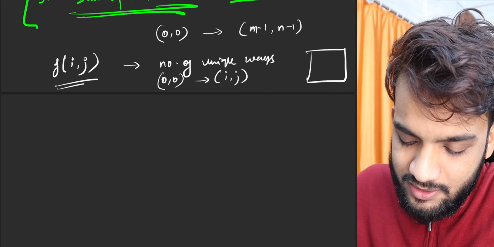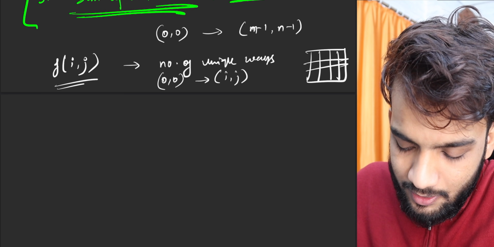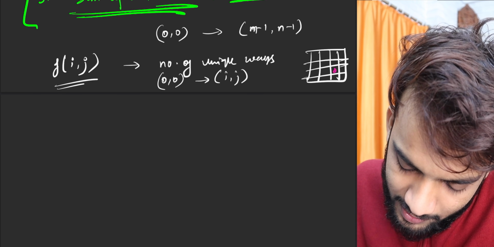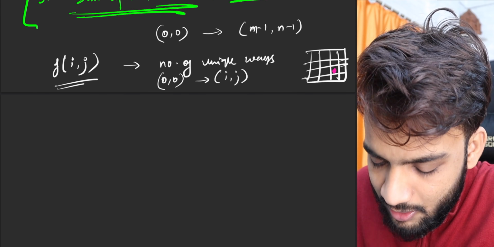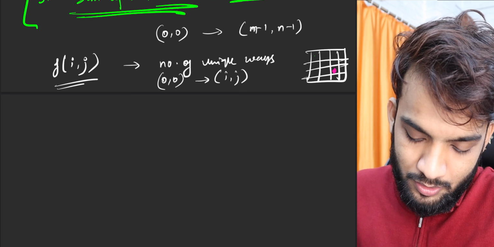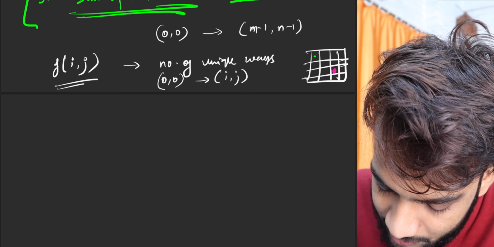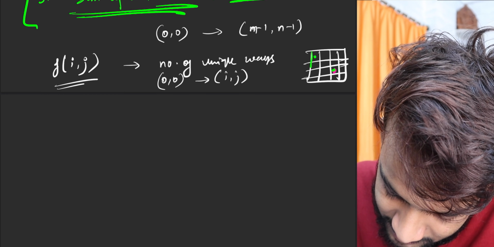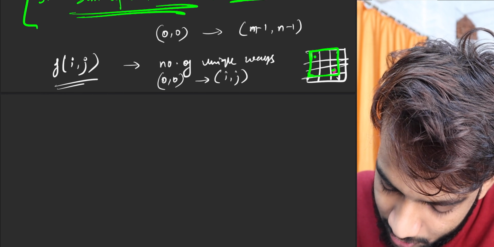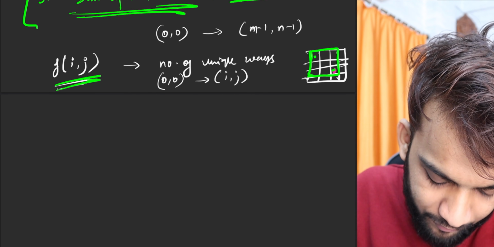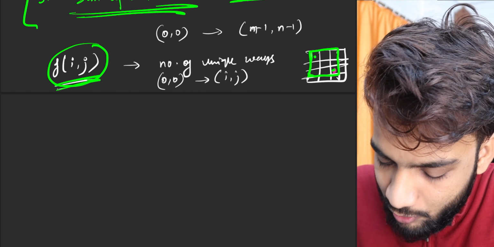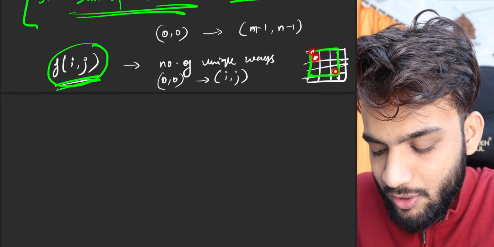Specifically, what I'm saying is, if I'm taking a grid like this and assume this is my i j, I'm asking in how many ways can you reach from here to here? So basically, I'm trying to figure out the answer for this particular matrix. That is what f of i j is signifying.